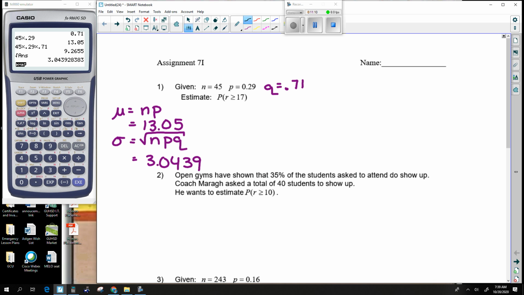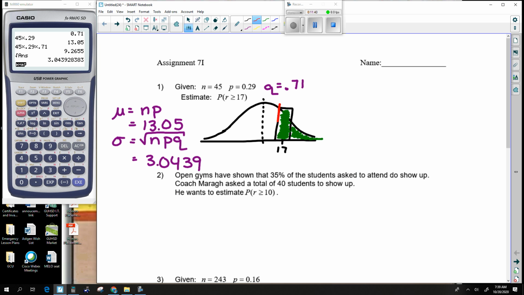Let's understand the problem that we're asked to accomplish. So we have this number 17 that is somewhere. I make my bar around it, and I take a look at the question right here. So I want my R to be greater than or equal to 17.